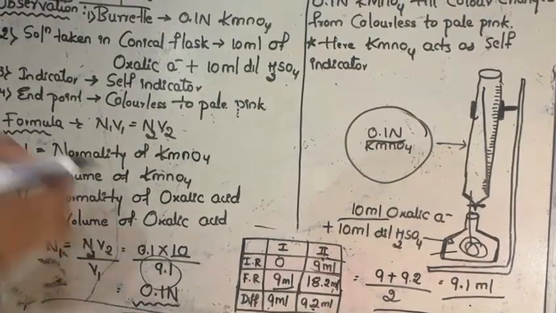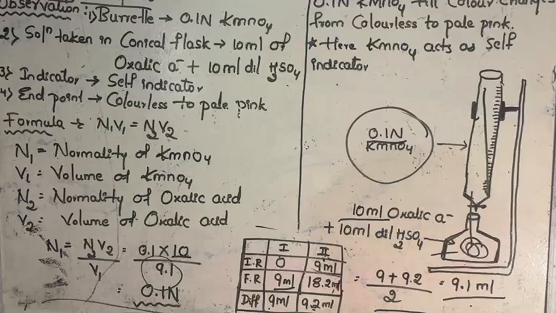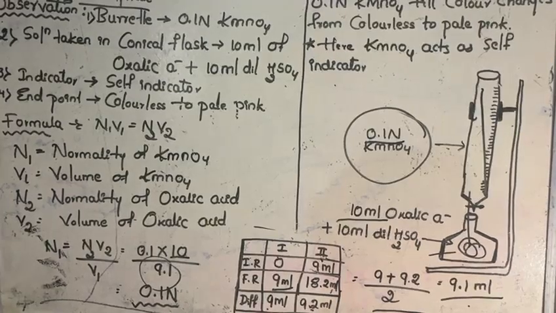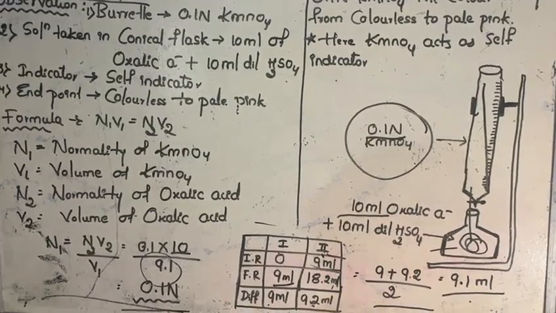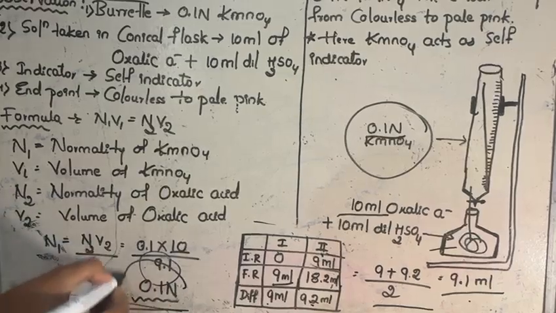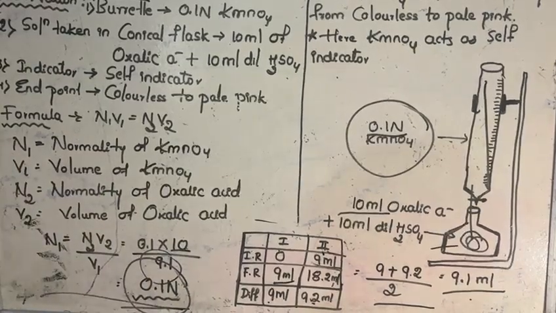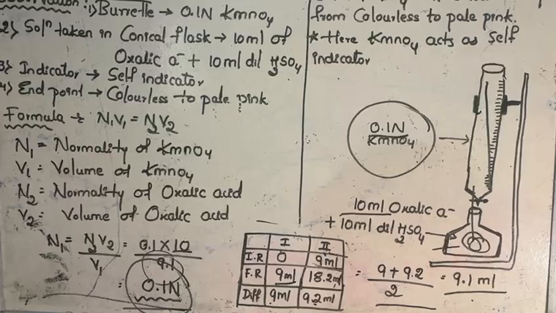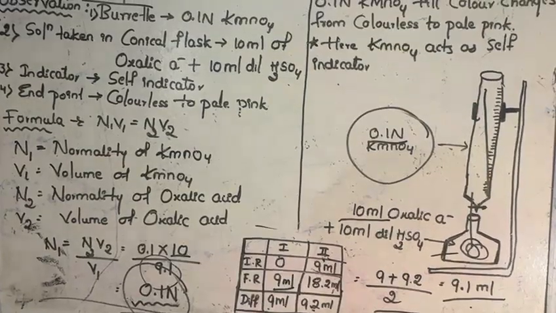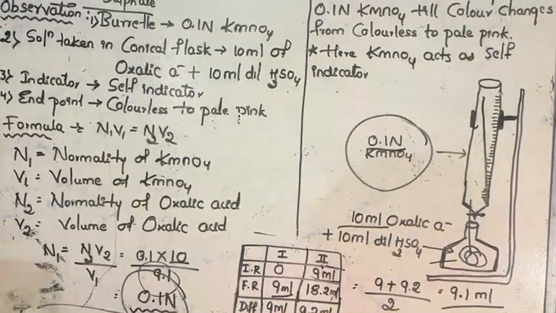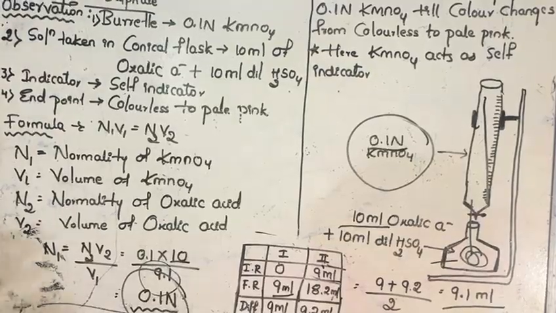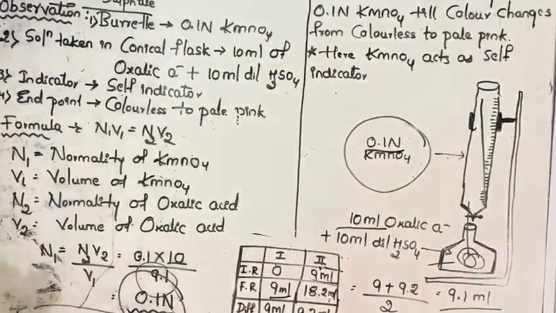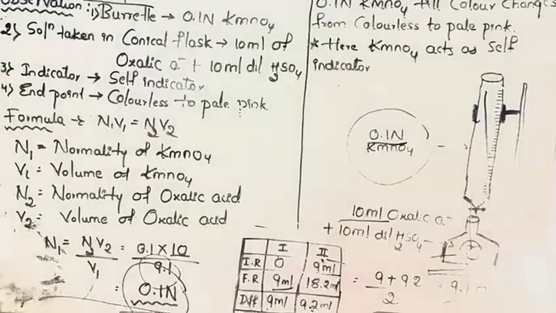After the calculation, we come to know that the normality is 0.1 N. It is just an example, you may get variation in the results, and this 0.1 is the exact normality of KMnO₄ after standardization. Now the KMnO₄ is standardized and ready for the assay of ferrous sulphate. Thank you.